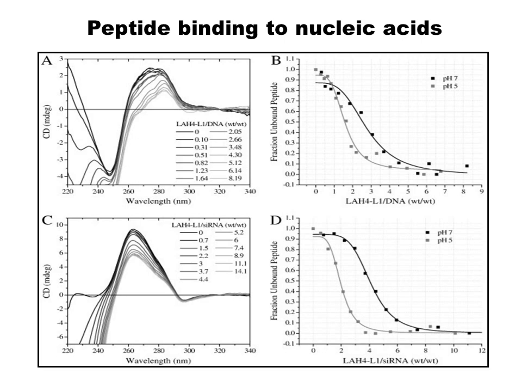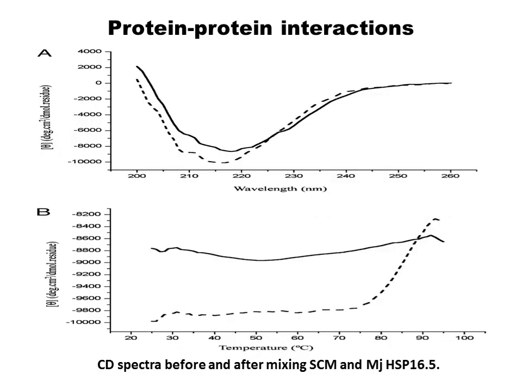You can monitor the difference here, for example, at different pHs, pH 5 and pH 7, and how the peptide is binding to the nucleic acid. And this is just an example then of protein-protein interactions. Again, you can see that there's a dramatic change in the spectra before and after.